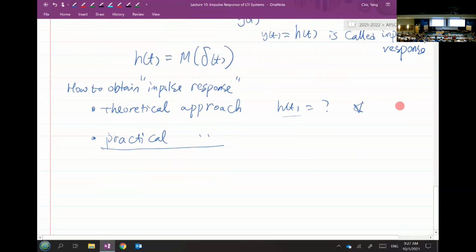Now we need to introduce the theorem, and then we'll see why the impulse response is very important information to have for an LTI system.